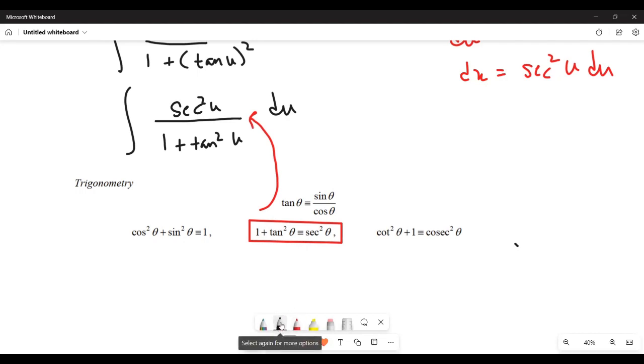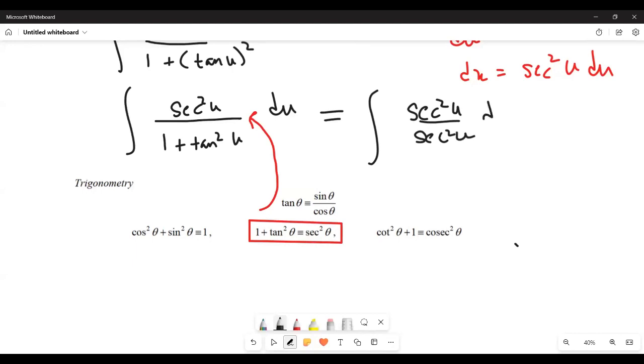So this can be written as integration of secant square u upon secant square u du, which means it's just integration of 1 du. And what's integration of 1? It's just u.